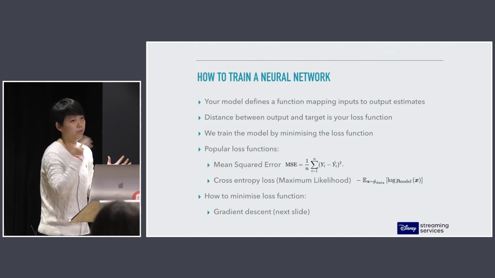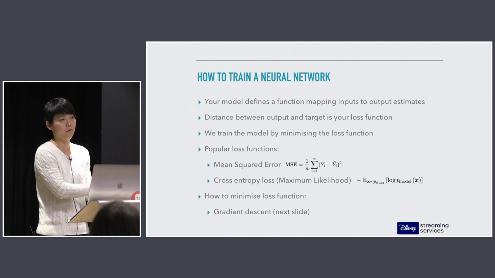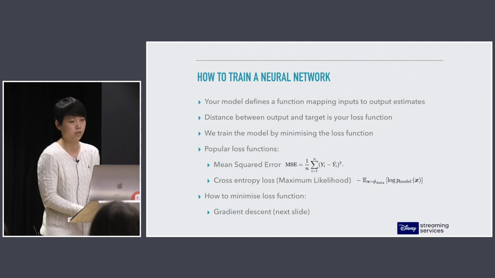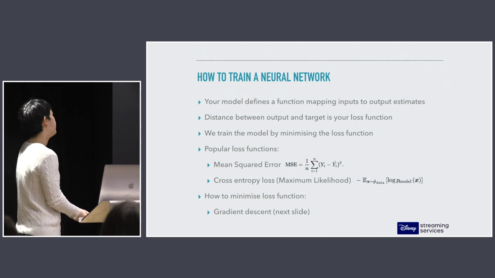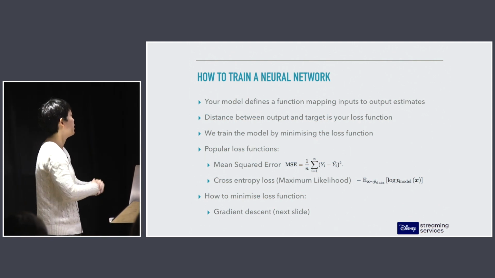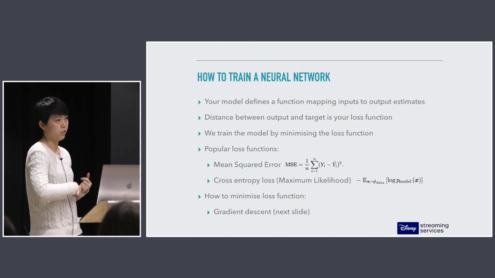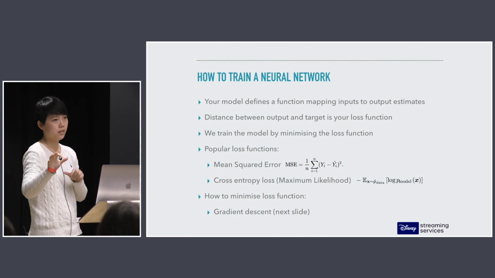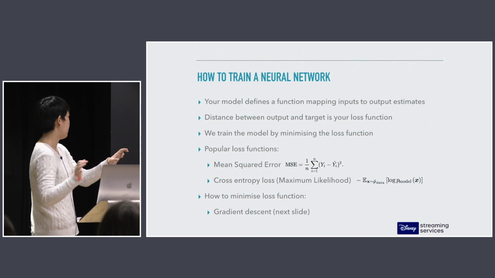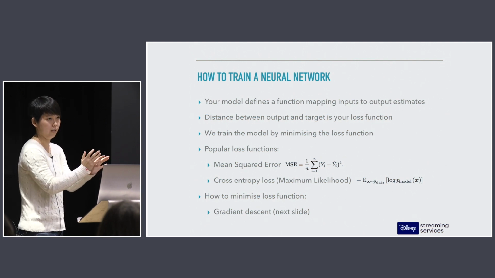Then you use this model to predict a test data set which you don't have answers for, and you hope it will do a good job. The way we define it is you compute a loss function measuring the distance between the correct answers and the predicted answers, and you are trying to minimize this distance.